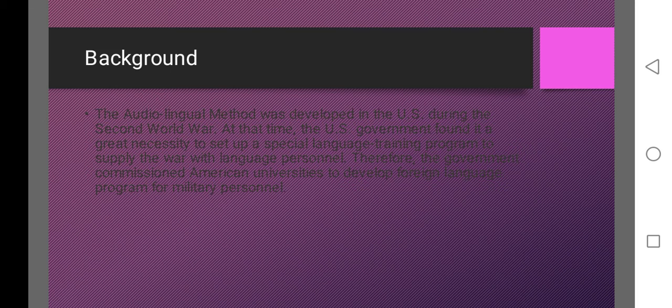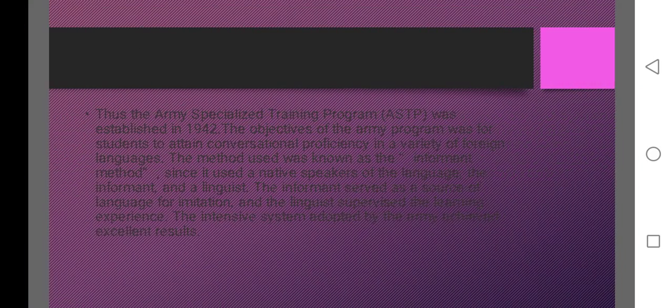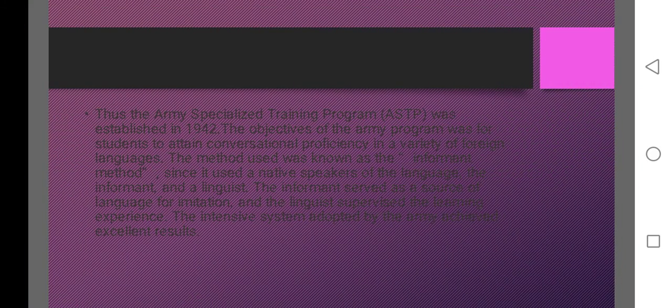Therefore, the government commissioned American universities to develop foreign language programs for military personnel. Thus, the Army Specialized Training Program, or the so-called ASTP, was established in 1942. The objective of the Army program was for students to attain conversational proficiency in a variety of foreign languages.